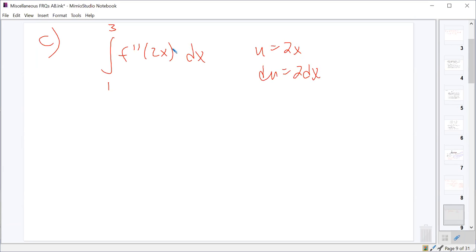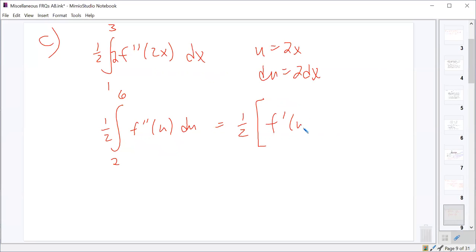So we're going to have to put in a 2 in here and a 1/2 outside. So we end up with 1/2 the integral of f double prime of u du. And we're going to evaluate that from 2 to 6.